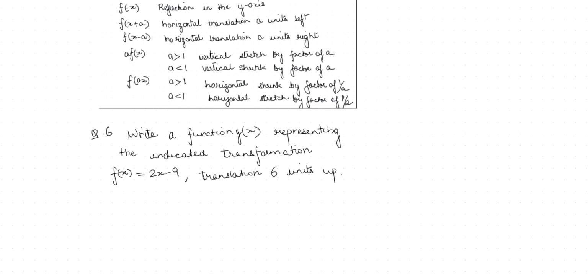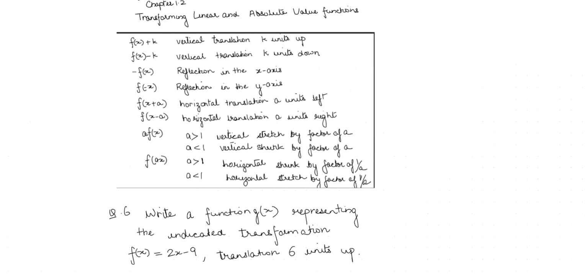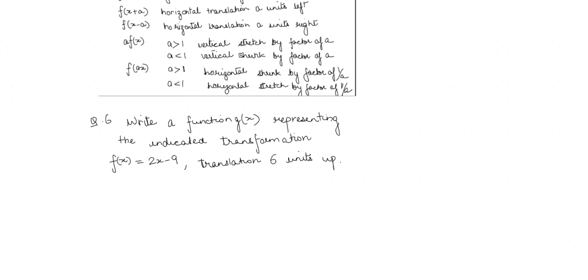So we can see here, this is f(x) plus k, vertical translation 6 units up. So g(x) would be f(x) plus 6. Okay, this is 6 units up.